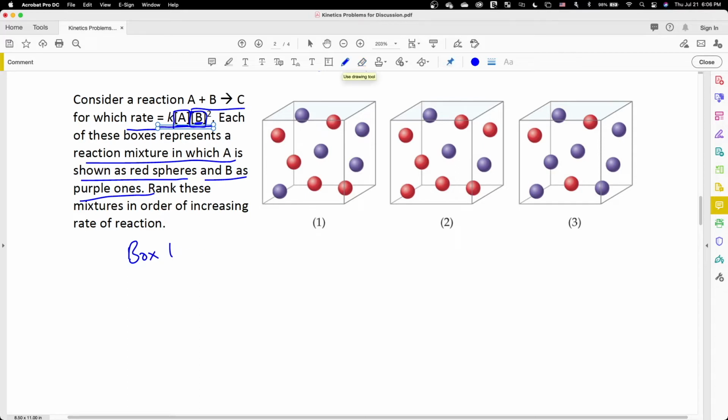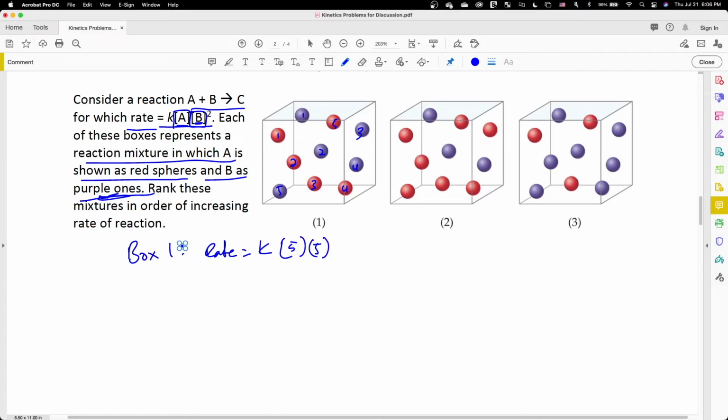What that means for box one is the rate equals k times, how many A's are there? A's are the red circles. 1, 2, 3, 4, 5. So we'll put a 5 there. And then B are the purple circles. 1, 2, 3, 4, 5.